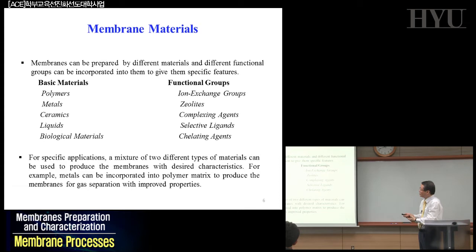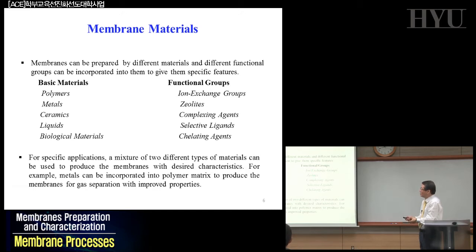We can have ionic functional groups, or we can have zeolites with very defined pores, or recently the MOF, metal organic frameworks, or COF, or PUF, you can name it, with different crystal structures. We can put chelating agents or selective ligands, ion exchange groups, or polymers or whatever.